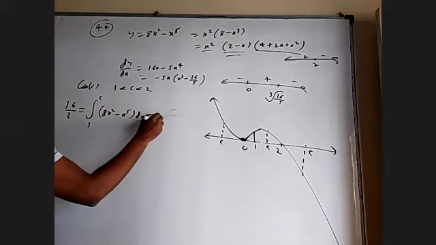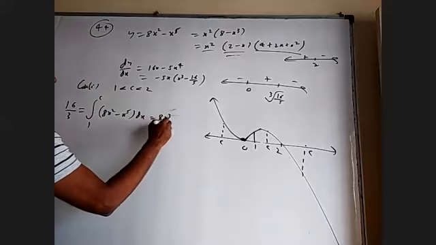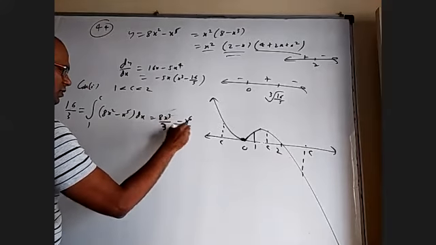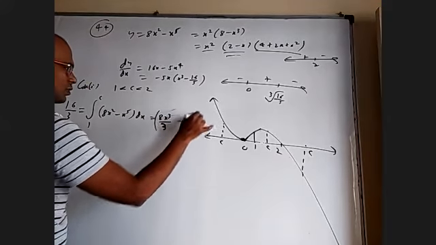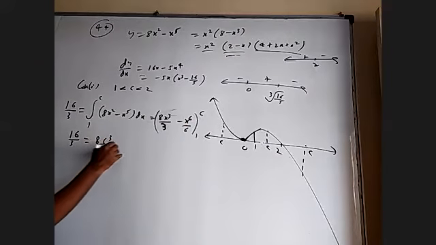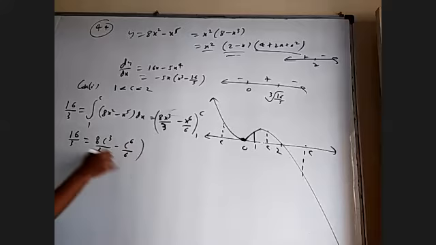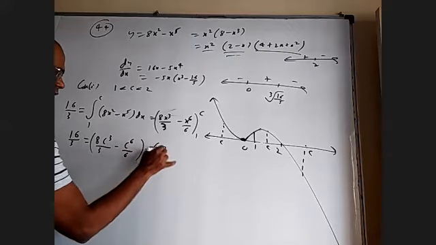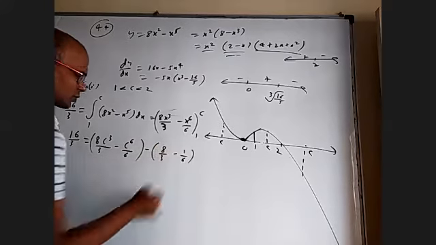Now this is a simple integral: 8x cubed by 3 minus x power 6 by 6 with the limits 1 to C, equal to 16 by 3. I put C: 8C cubed by 3 minus C power 6 by 6. And I put 1: 8 by 3 minus 1 by 6.